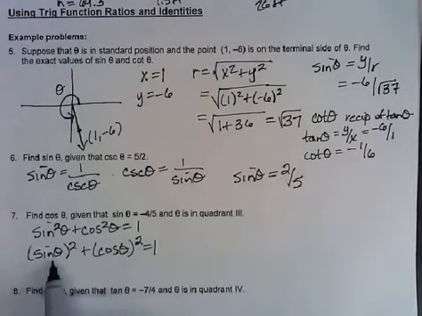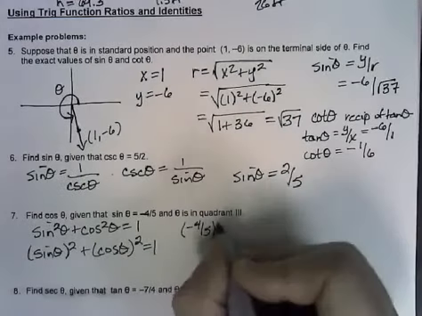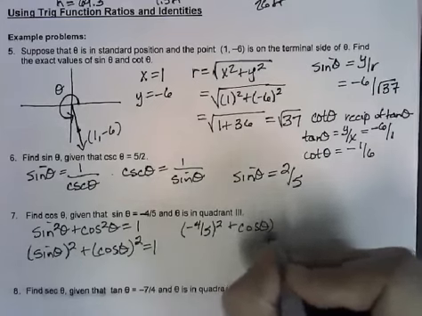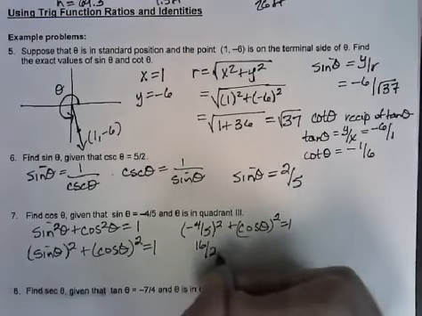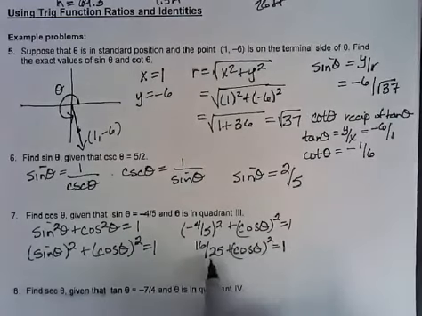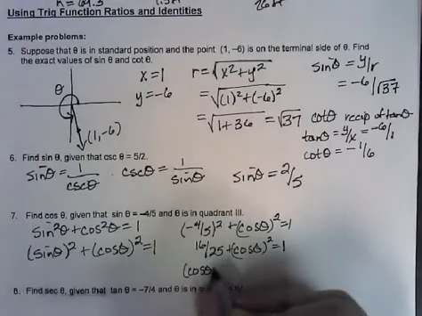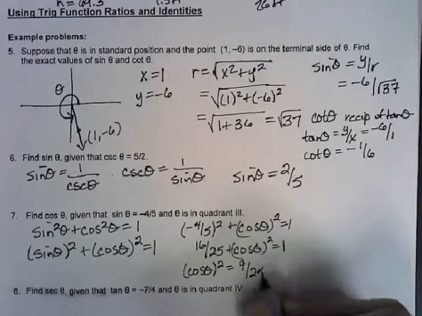What we want to do now is plug in the value that we're given for sine of theta, and then we want to solve this for cosine of theta. If I plug in -4/5 for sine of theta, that gives me 16 over 25. Now I'm going to subtract 16 over 25 from each side so that I've got cosine theta squared on this side. That would give me 9 over 25 on that side.